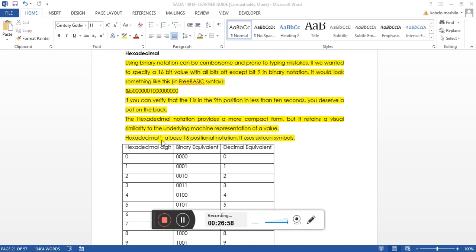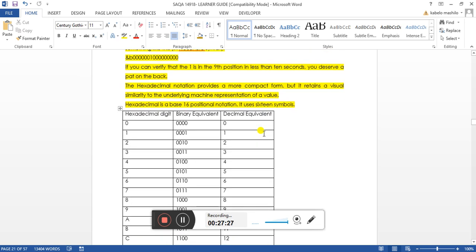It's cumbersome for us. Let's say we are given a 32-bit value, it'll actually take longer to find out which bit positions are on and so forth. Decimal notation provides a more compact form, but it retains a visual similarity to the underlying machine representation of a value. Hexadecimal is a base 16 positional notation.